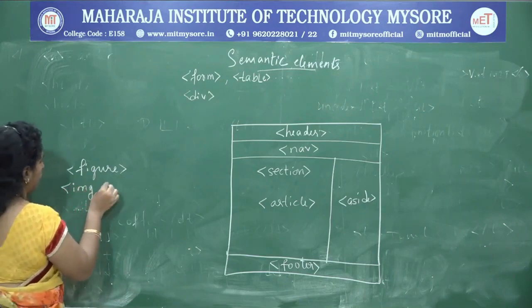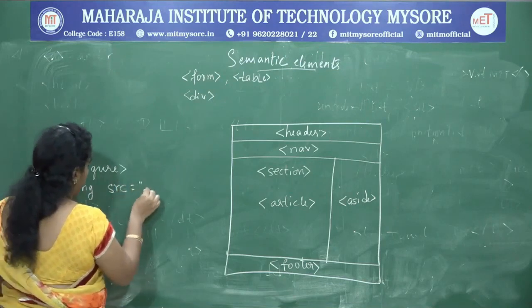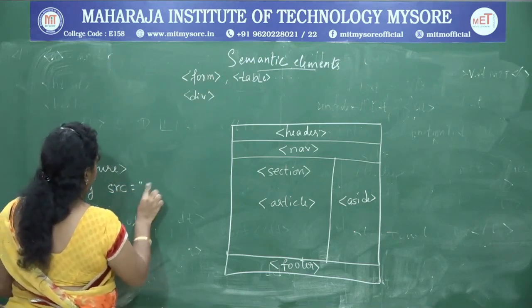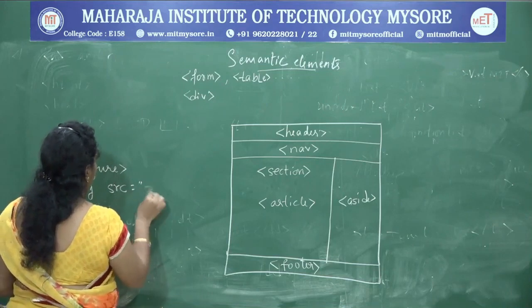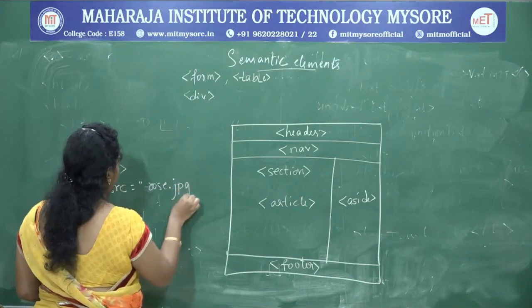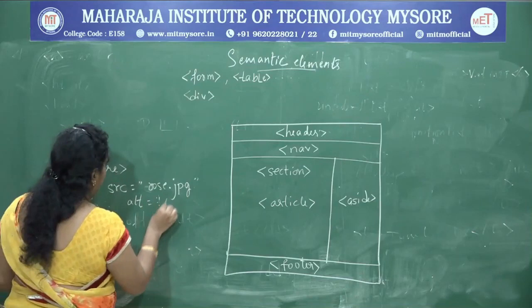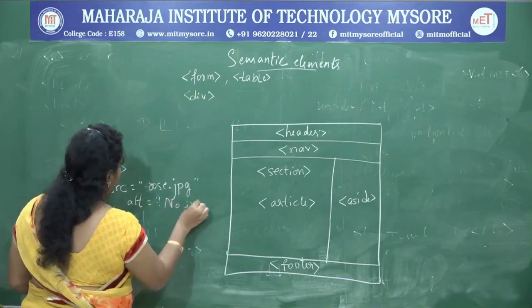So img source, you want to print rose.jpg, then alternate no image.